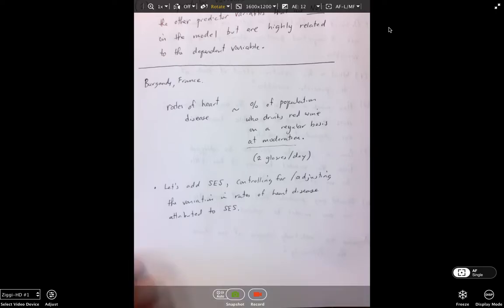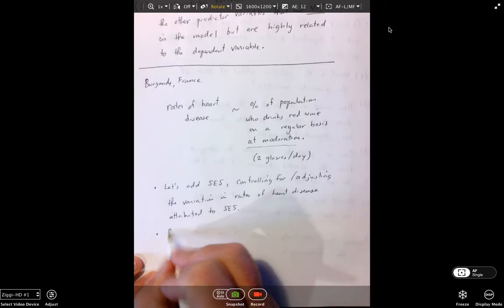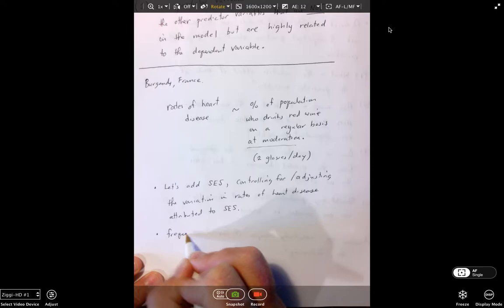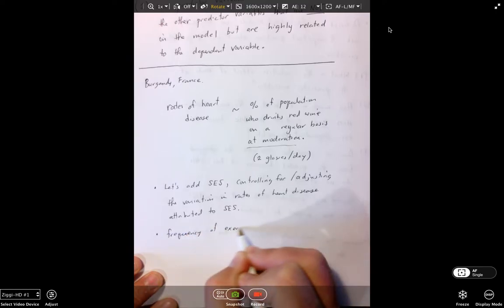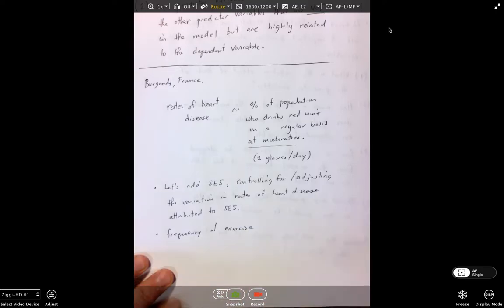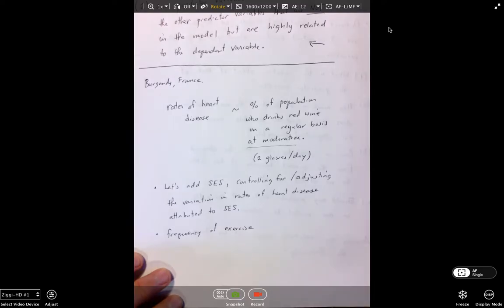Now, something else they found was frequency of exercise. What I want you to think about is the second point up here: is there any predictor variable that's correlated with the other predictor variable that's not in the model?